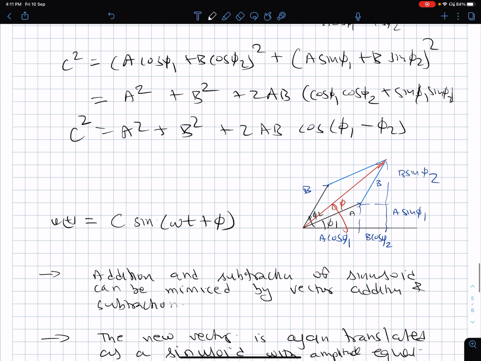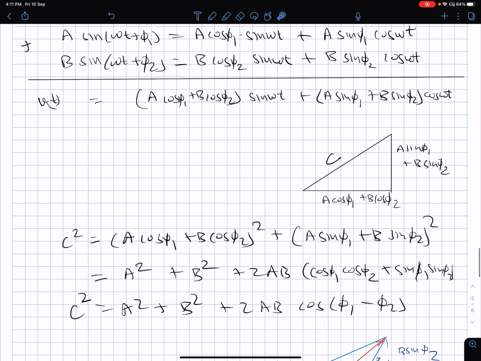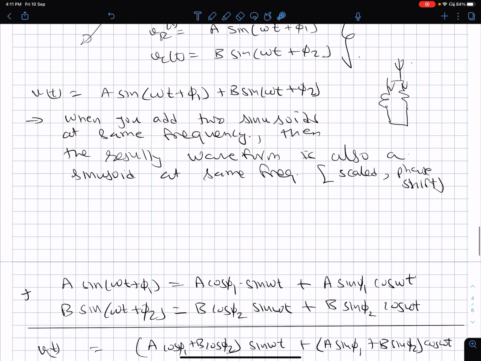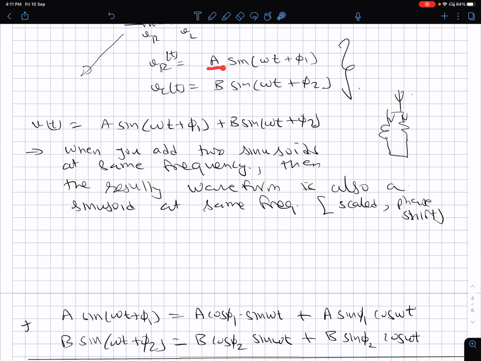and the resultant can be found simply by representing each sinusoid as a vector, with its amplitude being the length of the vector, and the argument or the phase angle being the angle of the vector.